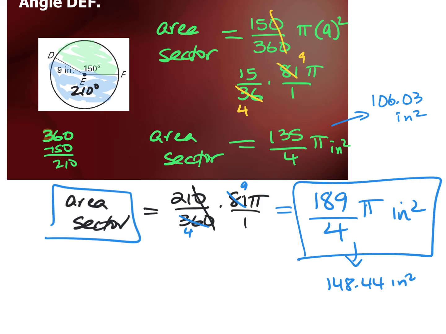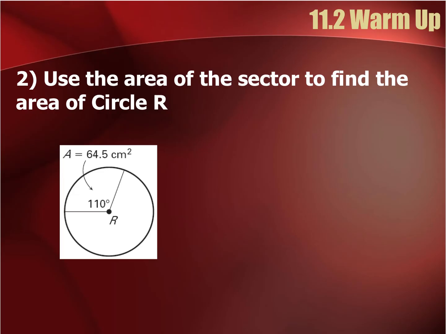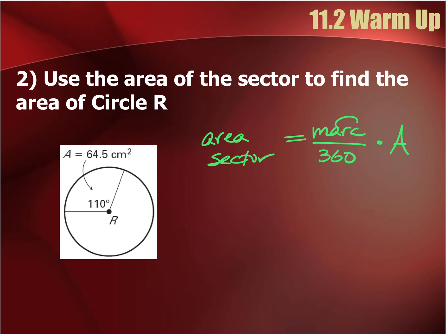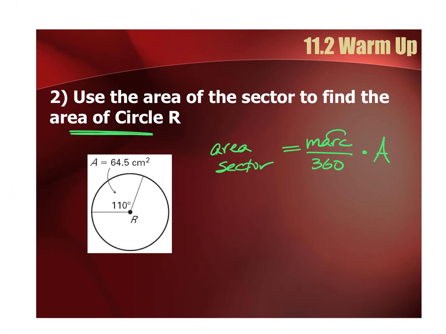Next one, they want us to use the area of the sector to find the area of the whole circle. So again, same formula, but instead of putting in pi r squared, I'm just going to put in capital A. So for this one, the area of the sector equals the measure of the arc over 360, and I'm going to put a capital A here because that's what they're asking me to solve for.